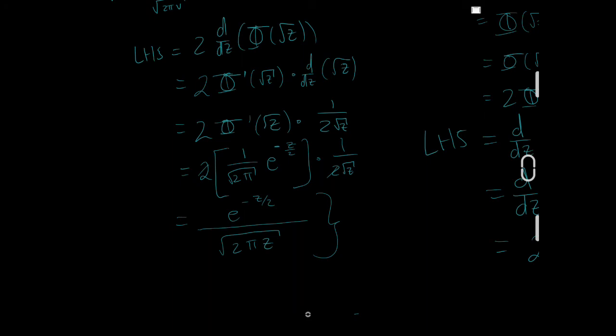So I can just say let z be v, and then this is exactly the same thing. So this is equal to the right-hand side, and therefore that implies that z squared is a chi-square distribution with 1 degree of freedom if we assume that z is normally distributed with mean 0 and variance 1. Okay, so that brings us to the end of the proof.